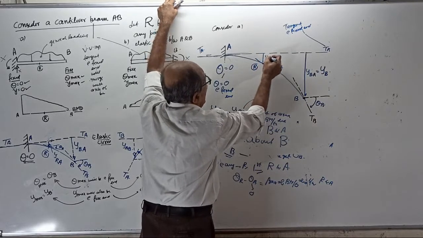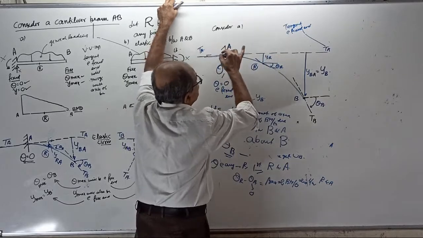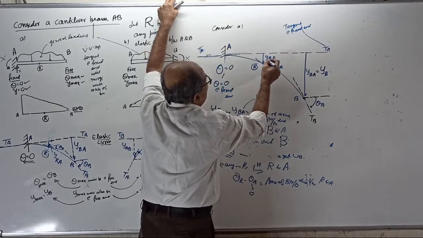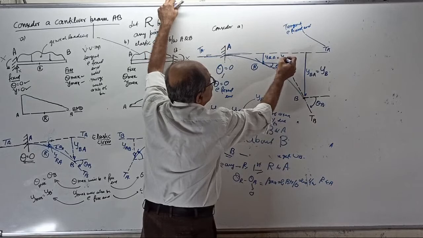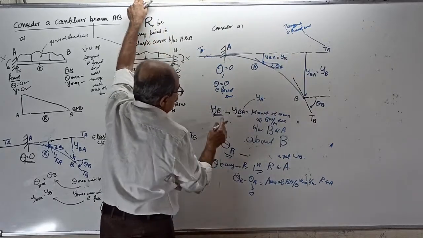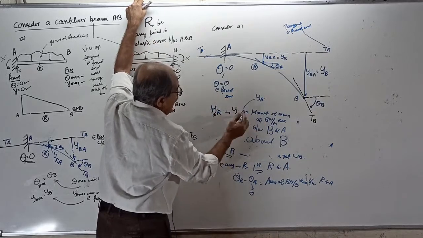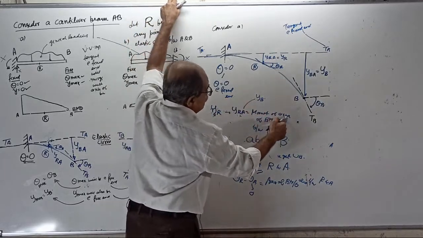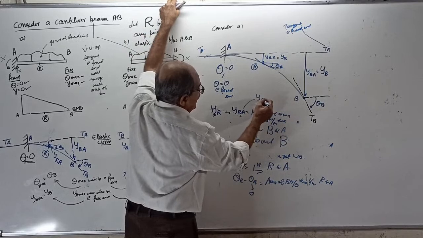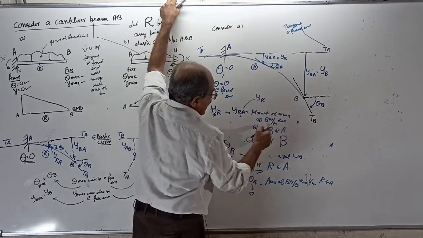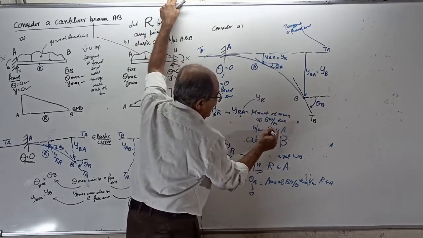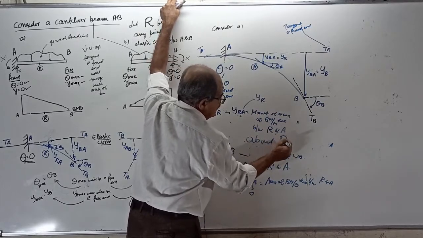Displacement of R, once again with respect to the tangent at A. That itself is deflection of R. So if you want deflection of any point R, YRA, it is the moment of the area of the BM by EI diagram between R and A about R.